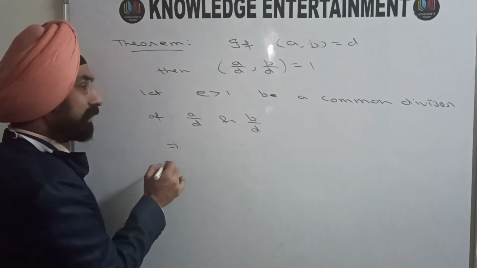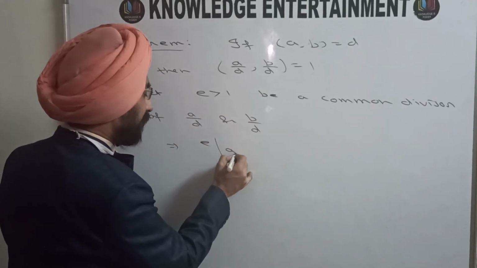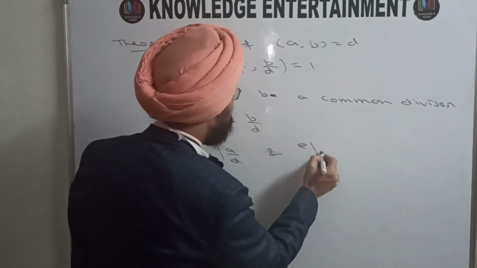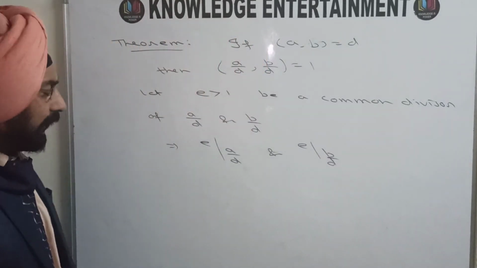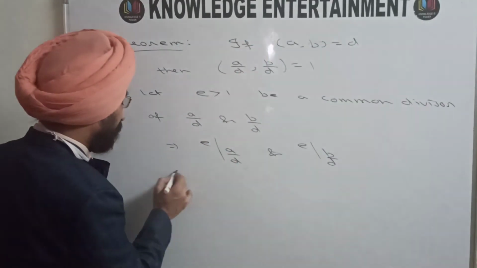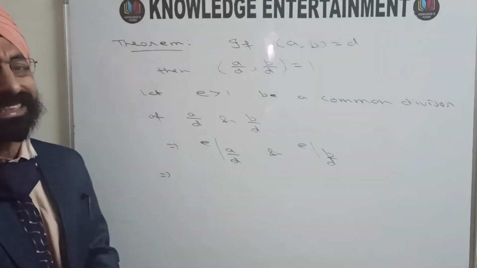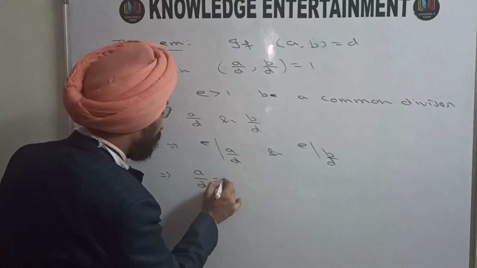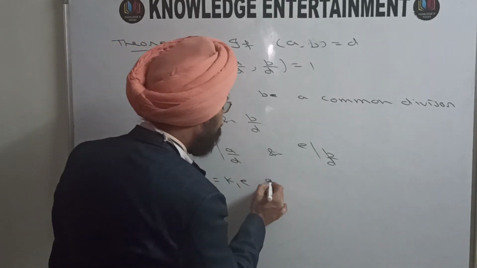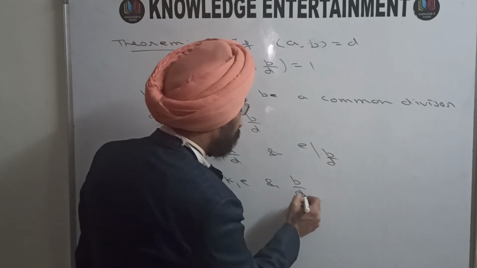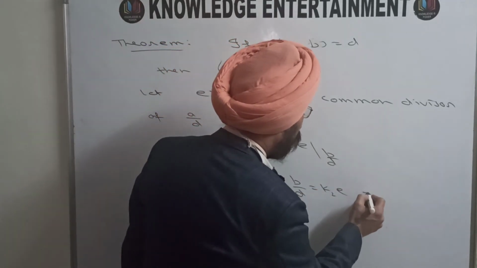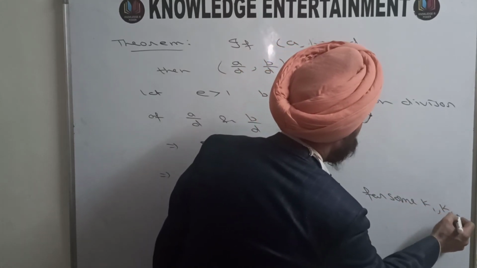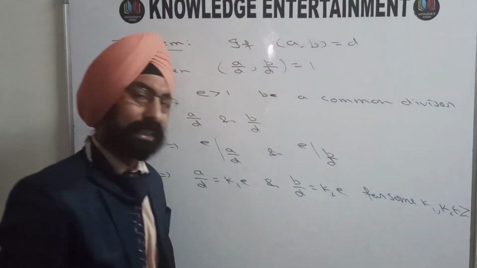This means E divides A by D and E divides B by D. And if E divides A by D, definitely there will be some integers k1 and k2 such that A upon D can be written as k1 E and B upon D can be written as k2 E, for k1, k2 belonging to the set of integers.